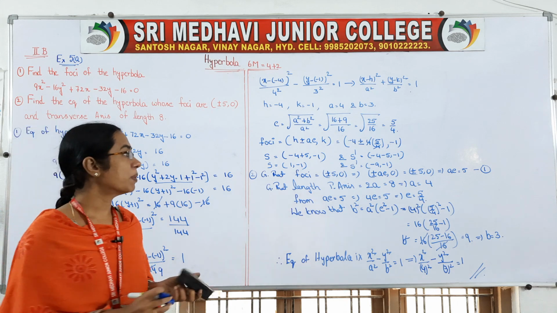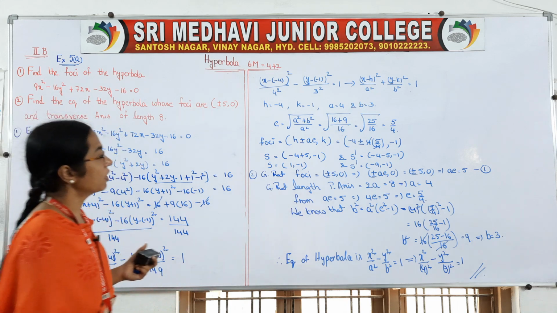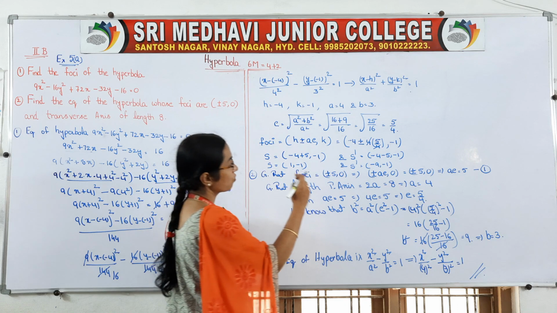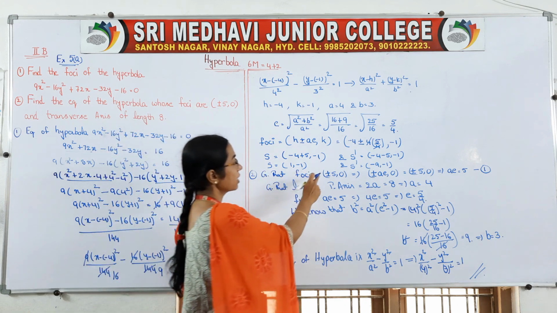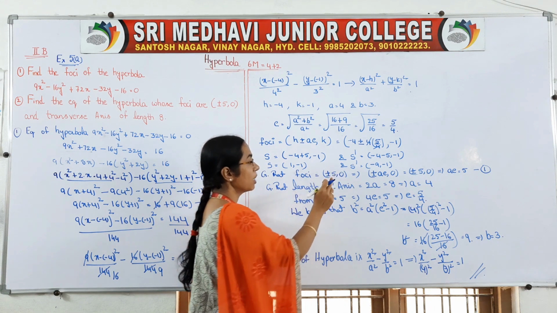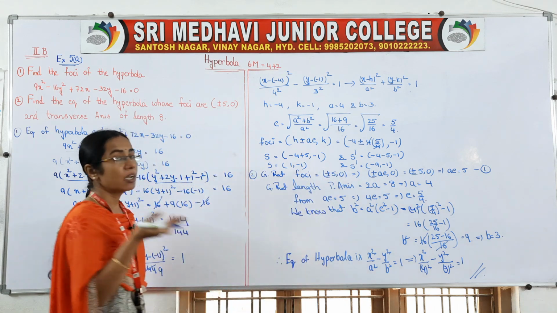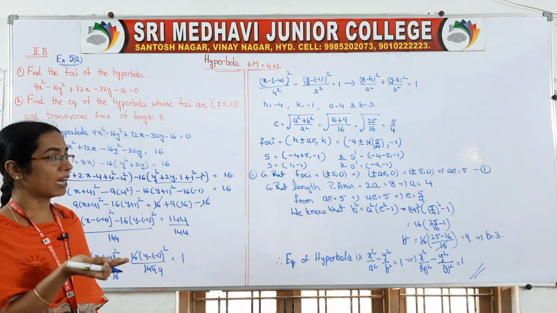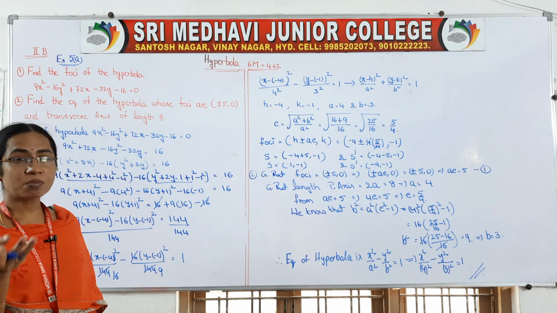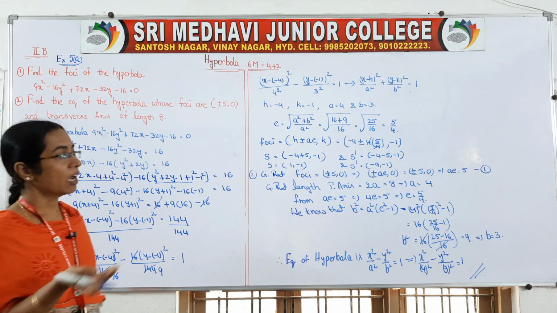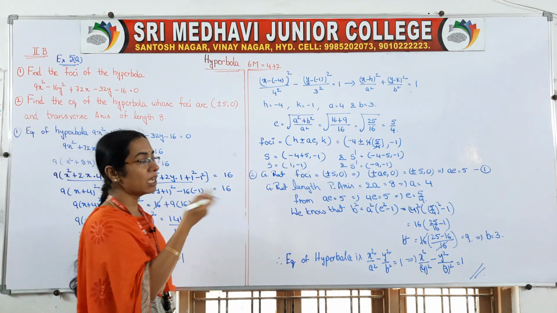So very simple. Here the foci are given to you, that too in which form? Plus or minus ae comma 0 form. Given that foci are plus or minus 5 comma 0. For the standard form, the coordinates of the foci are plus or minus ae comma 0.